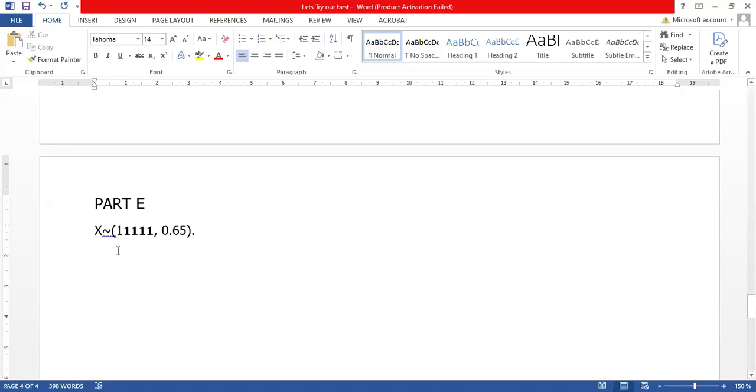Okay, so with binomial, please take note. Always know that B follows binomial with N and P, where P is the probability of success, because if you don't know this, then you get it wrong.